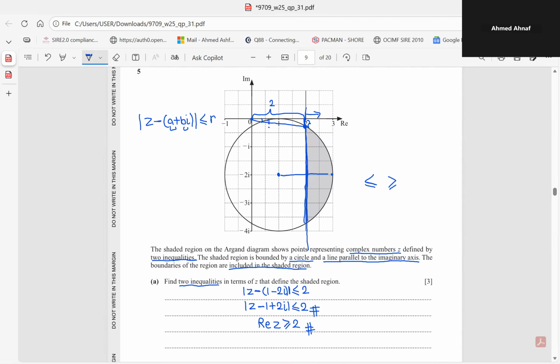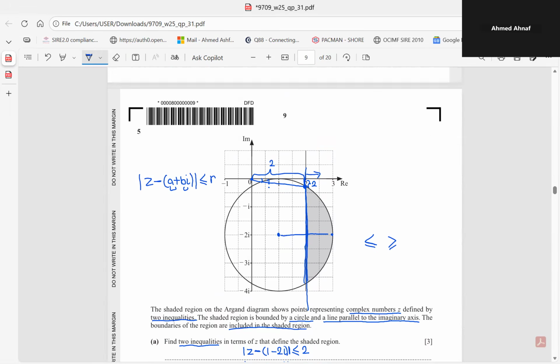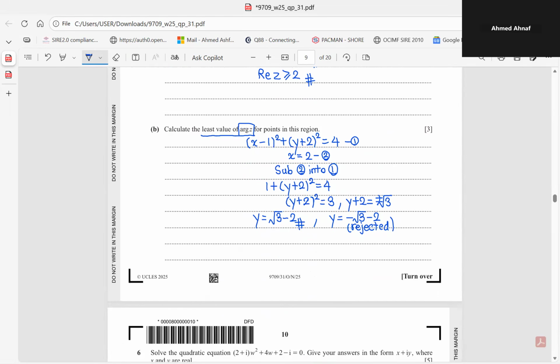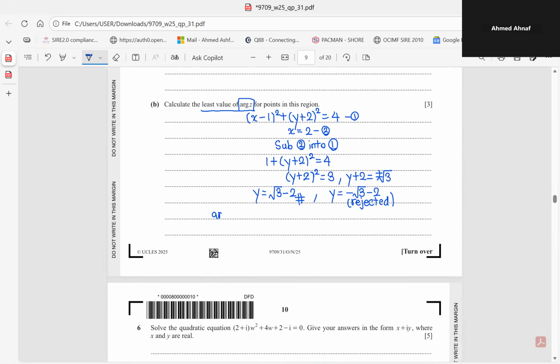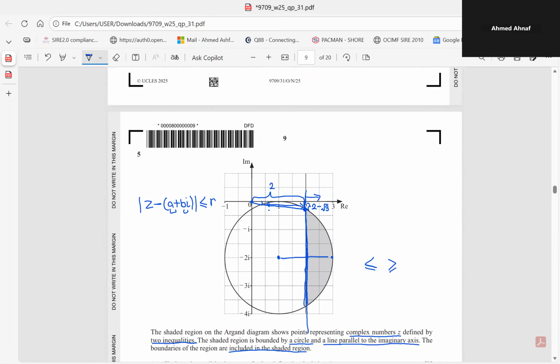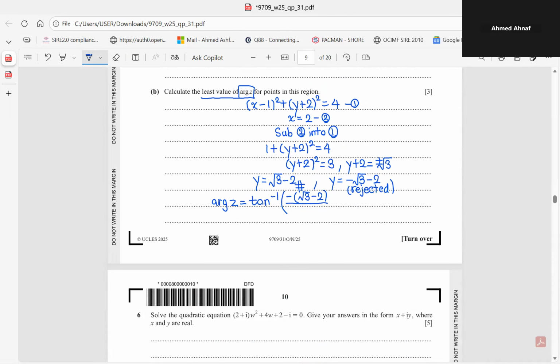So we factor out a negative 1, and then we get 2 minus square root 3. To get the angle, we can see this angle is opposite to this side and adjacent to this one, so we're going to use the tangent ratio. So arg z is just tan inverse of negative y, so negative of (square root 3 minus 2) over the adjacent side, which is just 2.